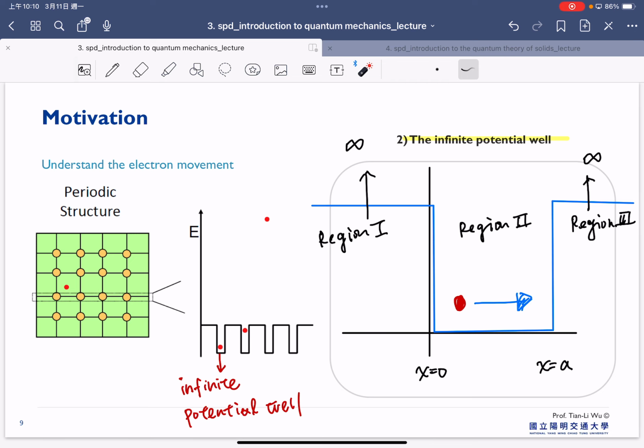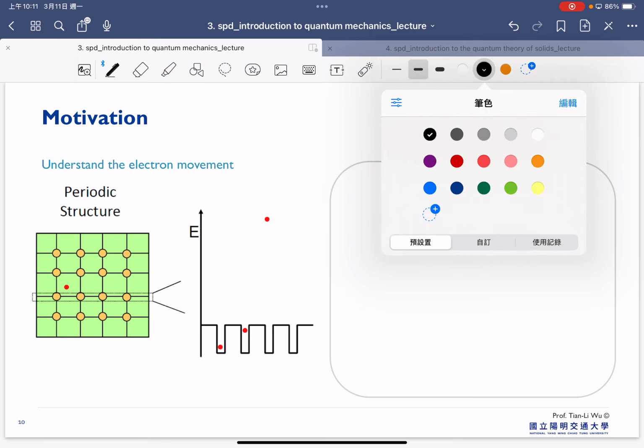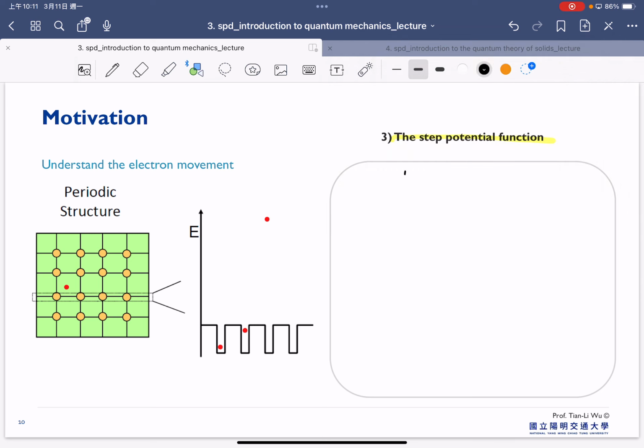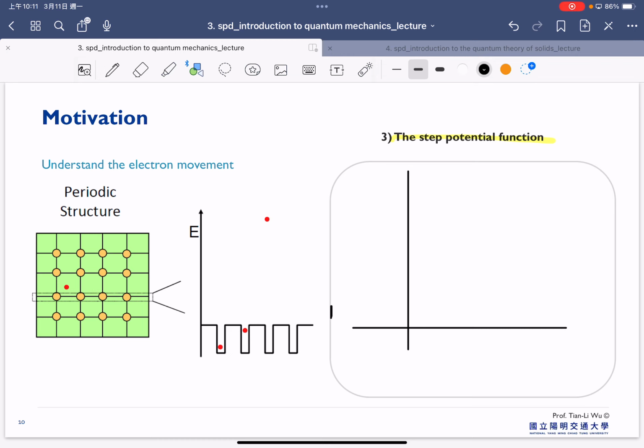And then the third one considers the step potential function. In this case, we have region 1 here and region 2 here.